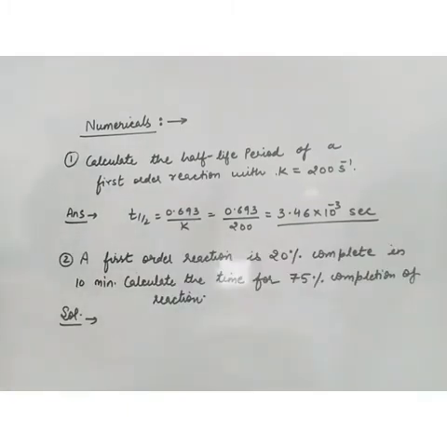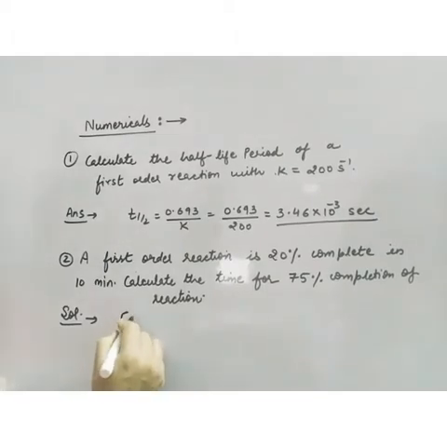Now the second question is, a first order reaction is 20% complete in 10 minutes. Calculate the time for 75% completion of the reaction. How to solve such type of question when the data is given in percentage? Since it is given in percentage, the initial quantity of reactant can be taken as 100.